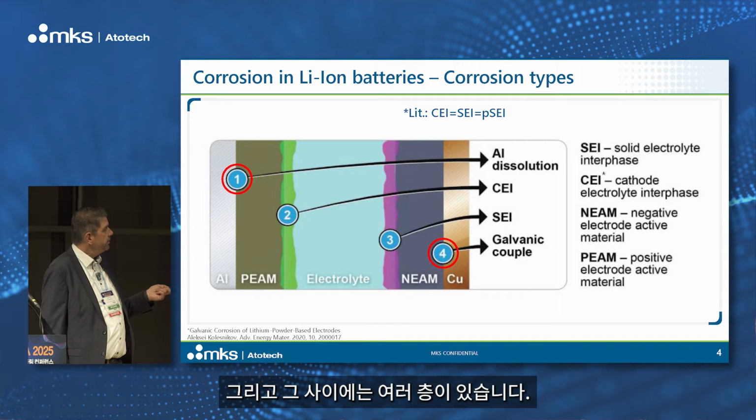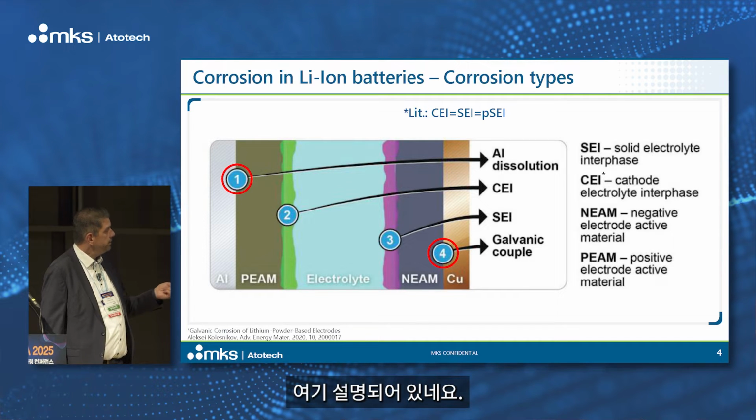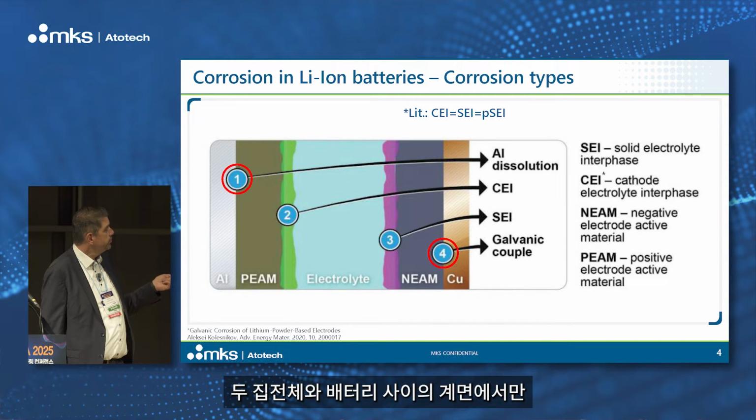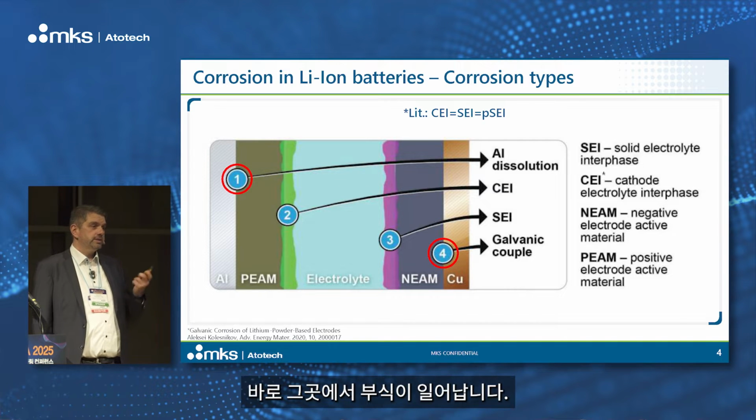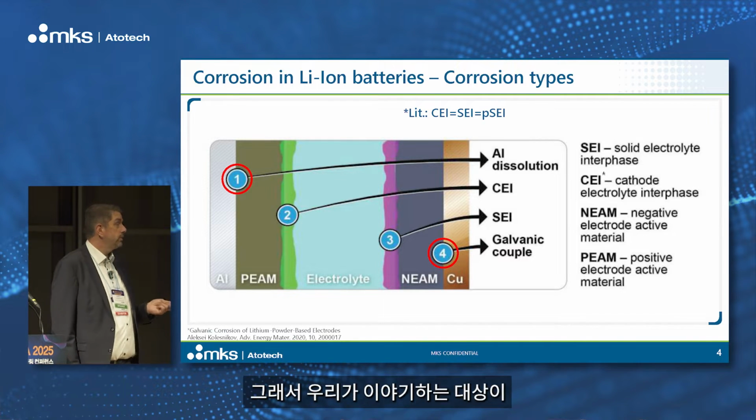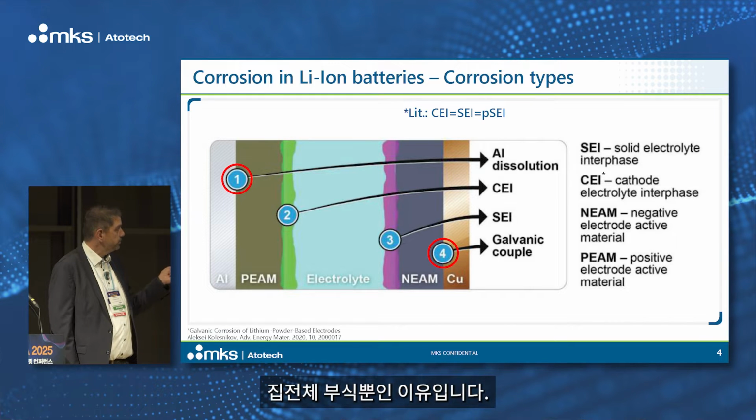And then you have various layers in between, they are explained here. And only at the interfaces of these two current collectors and the battery do you have metal. So this is where you can have corrosion. That's why we only talk about current collector corrosion.